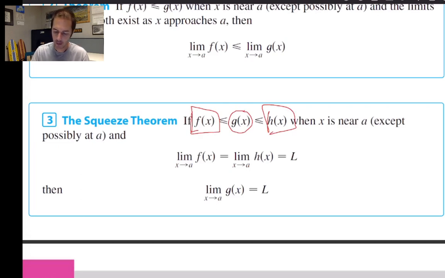And if I've got a y value for my g function that's between f and h, and I take f and h and I compress them or squeeze them together, it leaves very little room for any kind of variations in the y value of my g function.